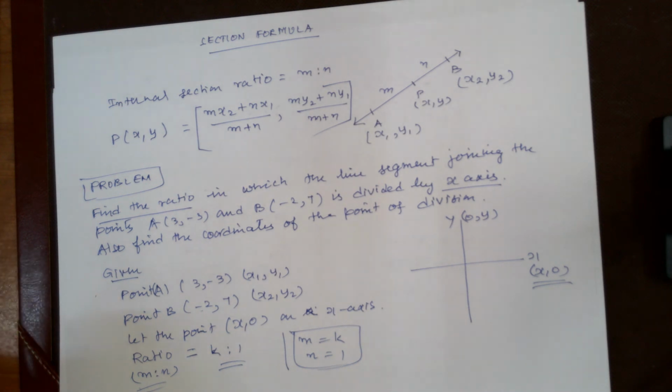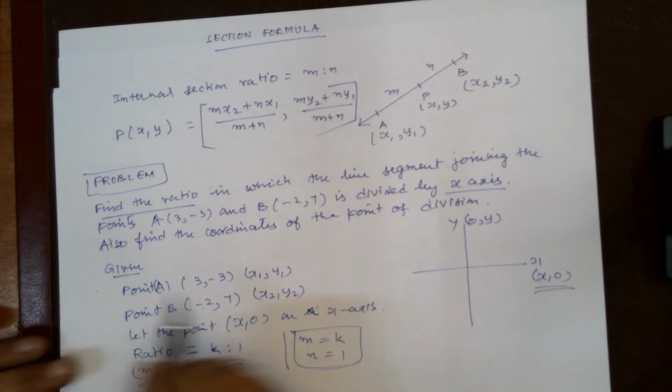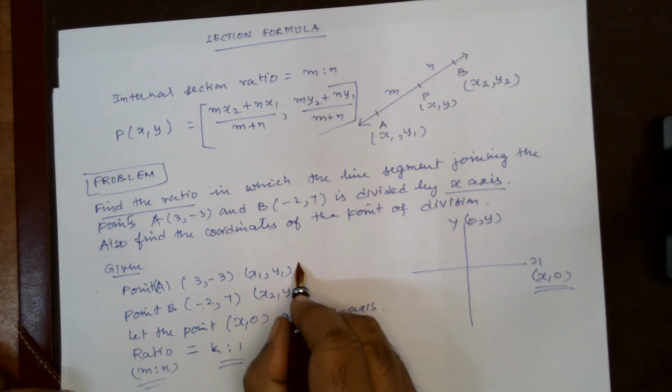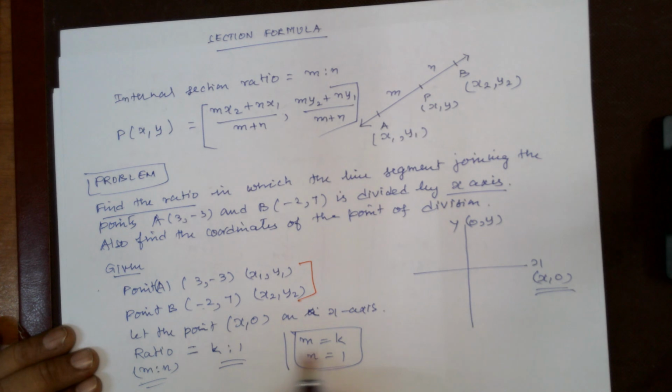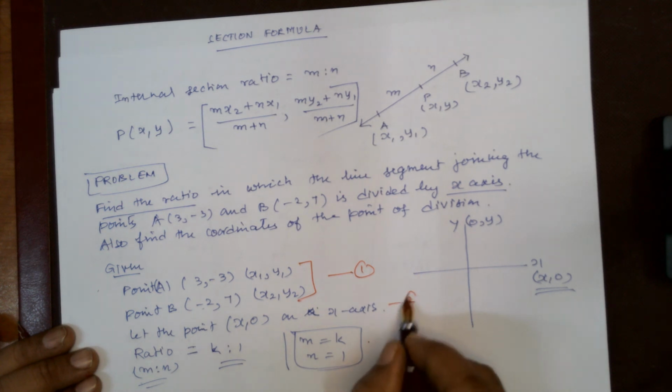So identify x1 y1, and you have to consider this m and n as k. So this is the first point, second point, third point.